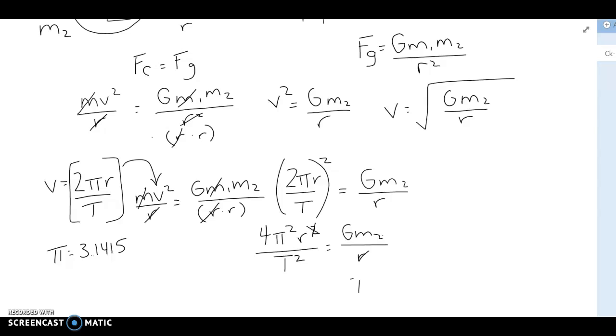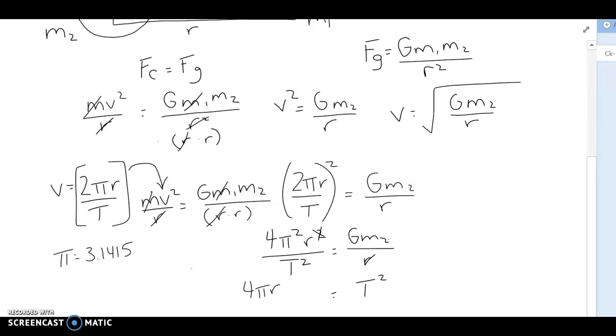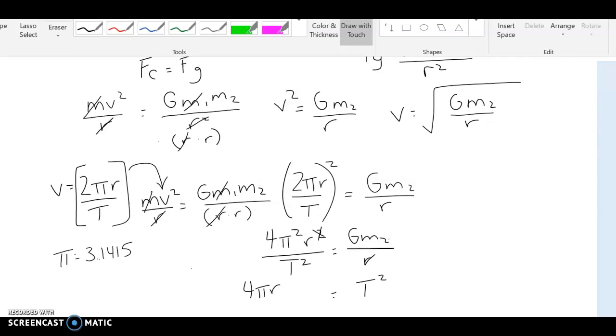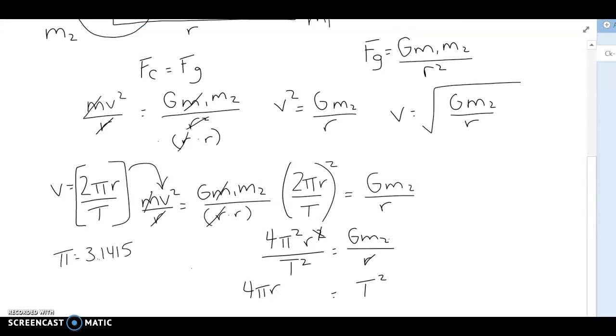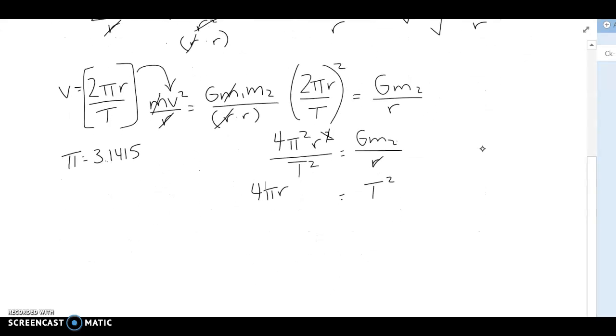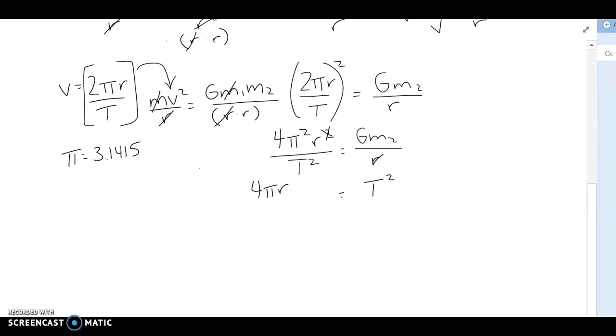So I end up with t squared equals 4 pi squared r over gm2.